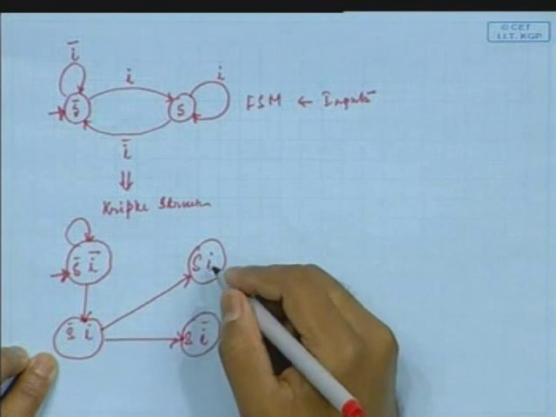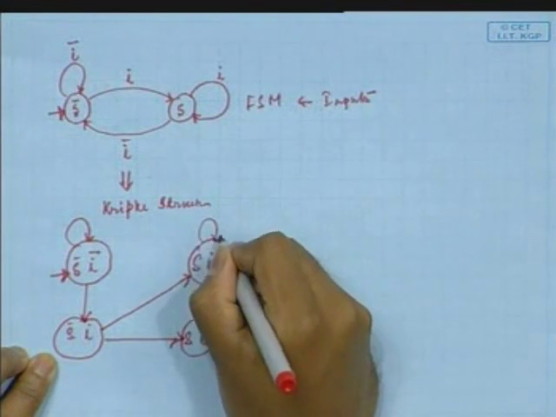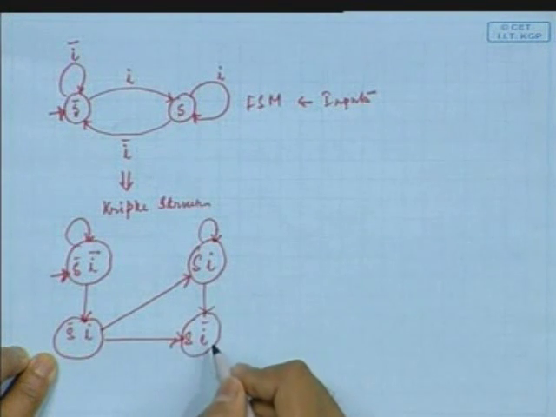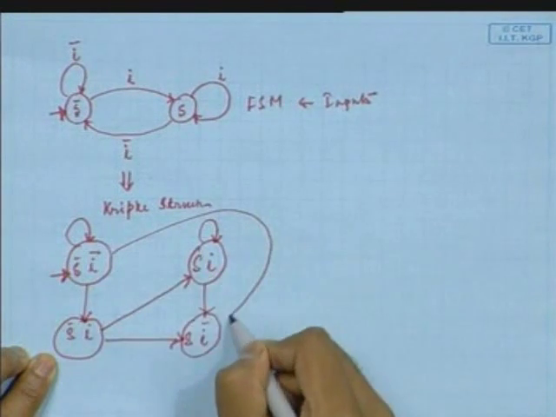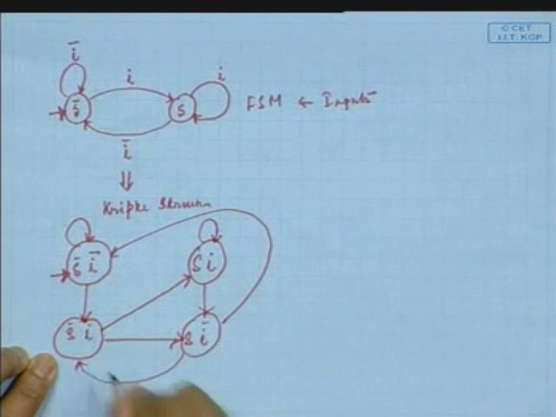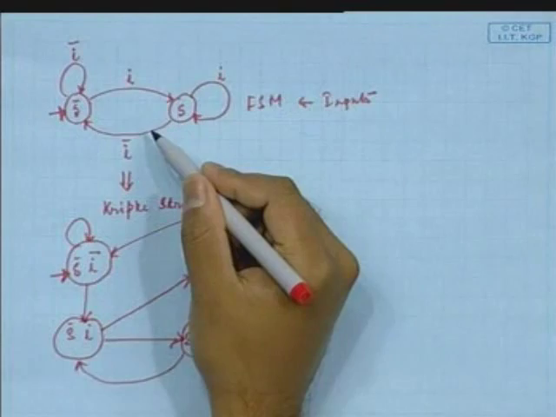Again in the same way, from Si it will loop back here, and Si bar it will loop back here. So this is the corresponding Kripke structure to this FSM.